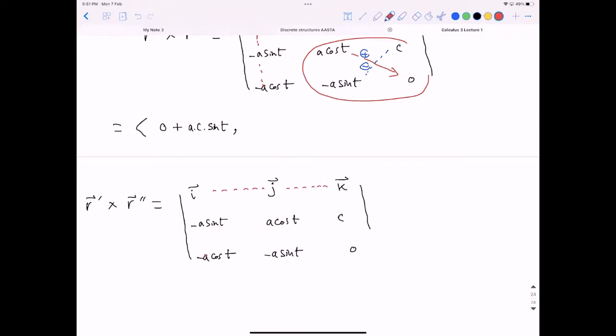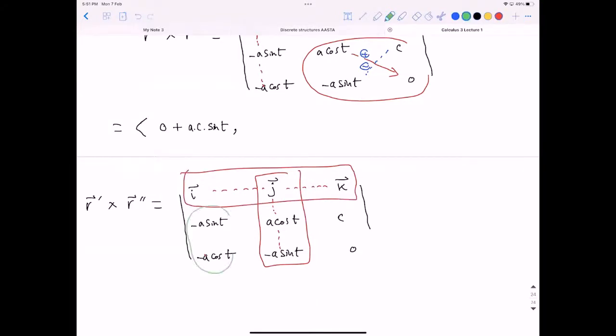Now we cover the J. To find the J component, remove the J row and the J column. You get this 2 by 2 determinant, the green one. Cross multiply: this is positive, this is negative, and get the result. The result of the green determinant will be 0 minus again, which is A minus, so it's plus AC cosine t.